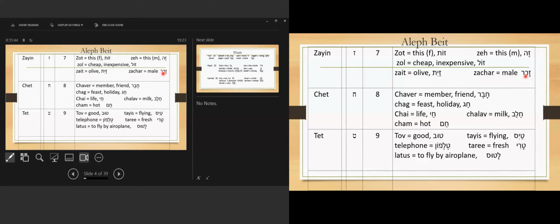Right. Dag. D-A-G. Dag. That's just the way we write it in English. And it is a fish. Hebrew, I'm going to write from right. D, a, g. Dag. That is a fish.